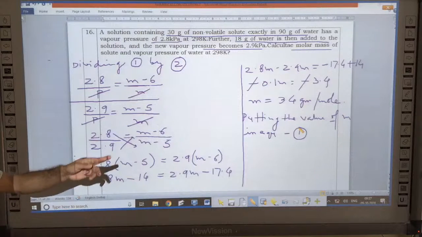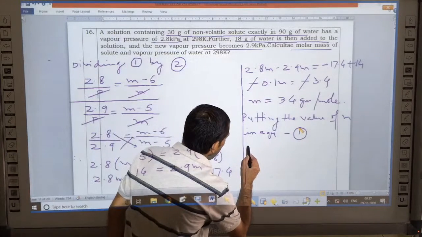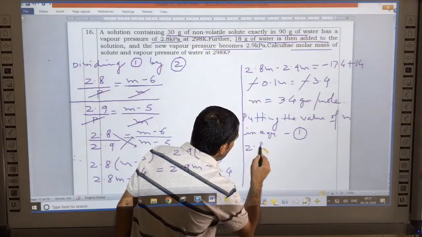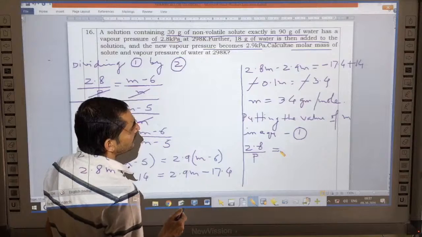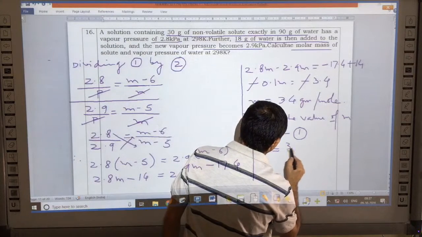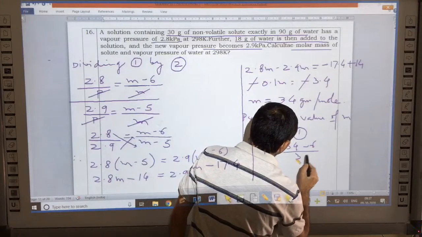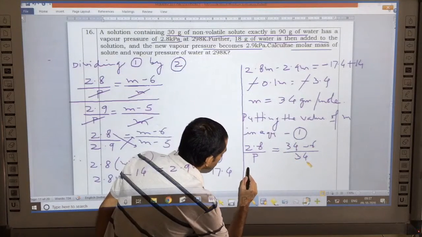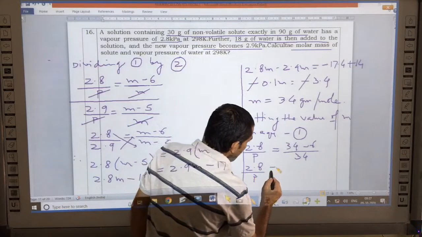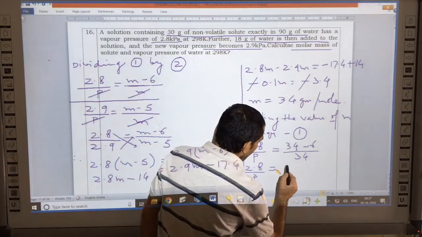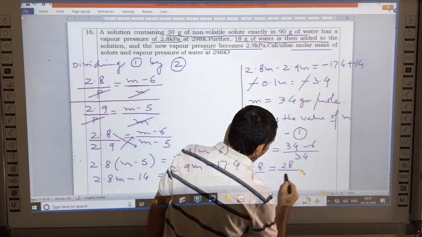Now you put the value of M in this. So we will get 2.8 upon P is equal to M minus 6 upon M. What is M? 34 minus 6 upon 34. You solve it, you will get the answer. 2.8 upon P is equal to 34 minus 6, it is 28 upon 34.